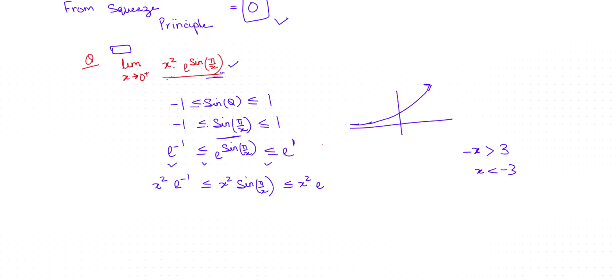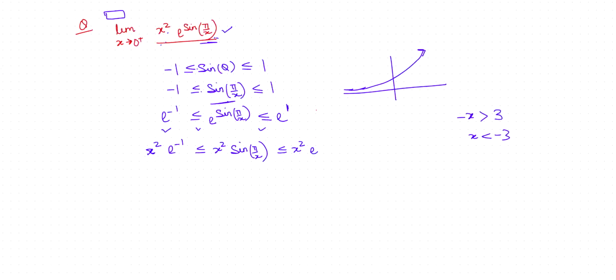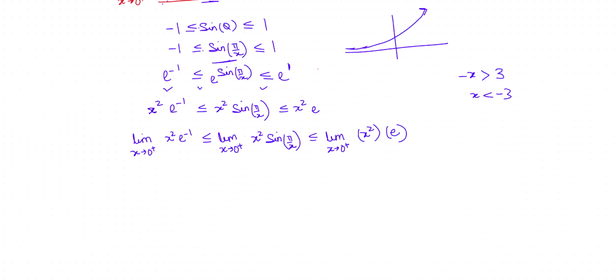After multiplying by x square on the left side, right side, and the center, we'll find the limit of the left side, right side, and center. After taking the limit of these sides, we'll try to find the values for the left hand side and right side. We know that e raised to power -1 and e are both constant numbers.